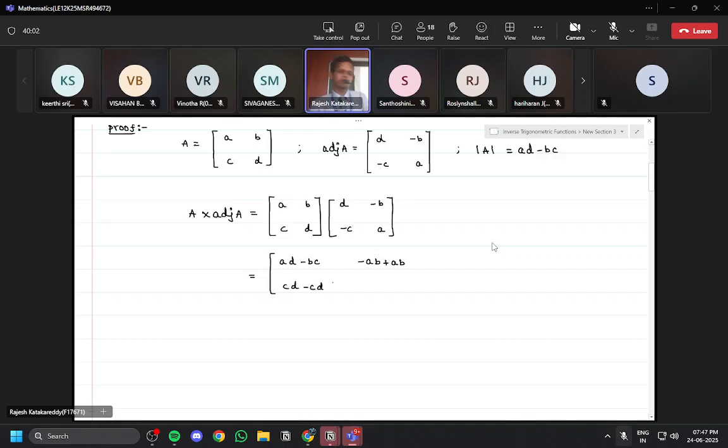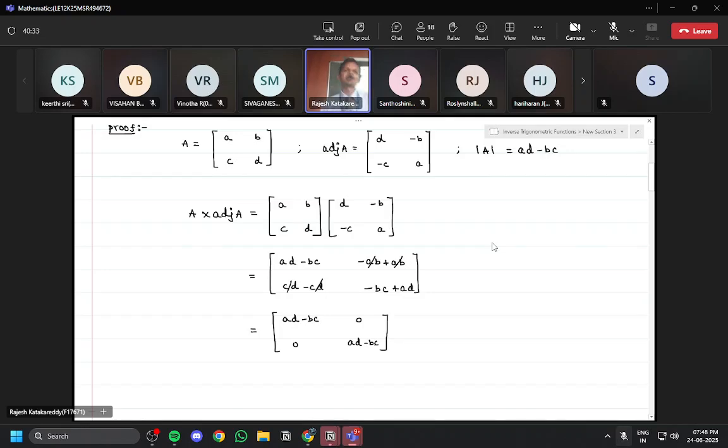Row 2 dot column 2 is minus BC plus AD. We can observe that in the first row the elements cancel, plus AB minus AB, and CD minus CD. Next we can write this as AD minus BC, 0, 0, and this is also AD minus BC.